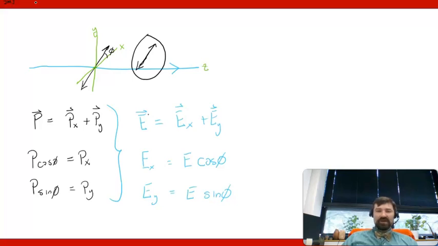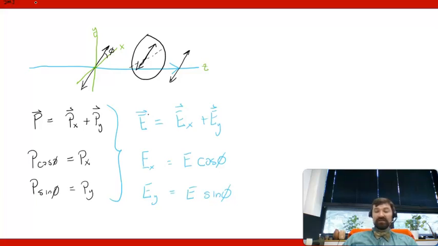Well, my transmitted light has to have polarization which is parallel to this transmission axis, like so. But my original light had polarization, oops, I'm not doing a very good job of drawing it, but it had polarization in this direction here. So this direction is neither perpendicular to nor parallel to this axis.